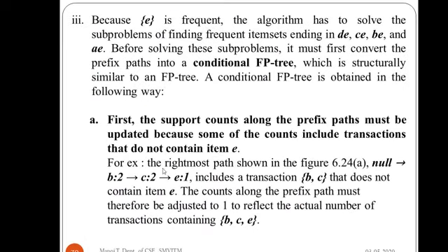So that is what we are going to say. The rightmost path null, B2, C2, E1 includes a transaction BC that does not contain the item E. So the count along that prefix path must be adjusted to 1 to reflect the actual number of transactions containing B, C, E. That is the first thing we have to do while converting into a conditional FP tree.